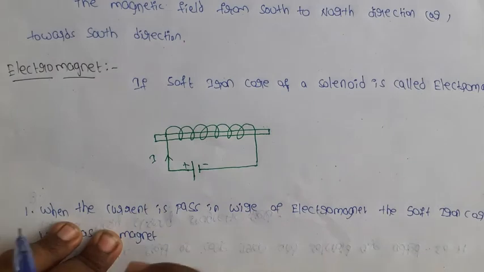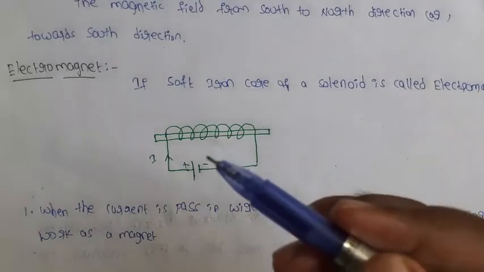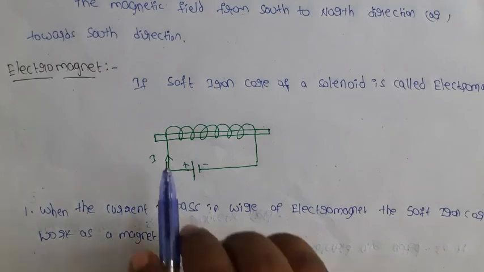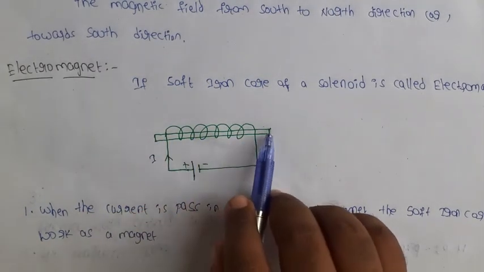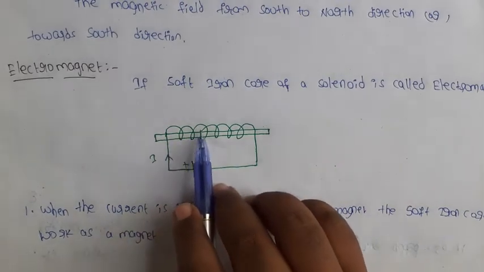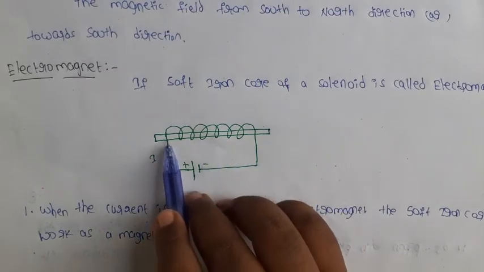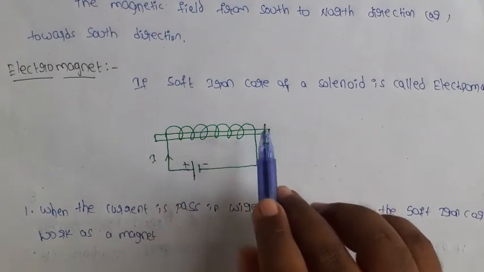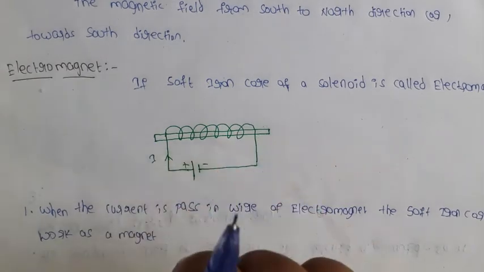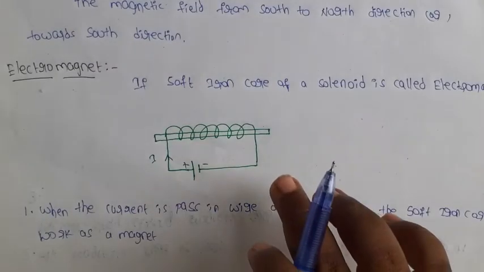If you decrease the current in the solenoid, the magnetic field also decreases, and iron core magnetic field also decreases, because this iron core has magnetic field produced by current only. So if current increases, magnetic field production also increases. If you decrease the current, production of magnetic field also decreases. So production of magnetic field depends on current flowing in electromagnet.